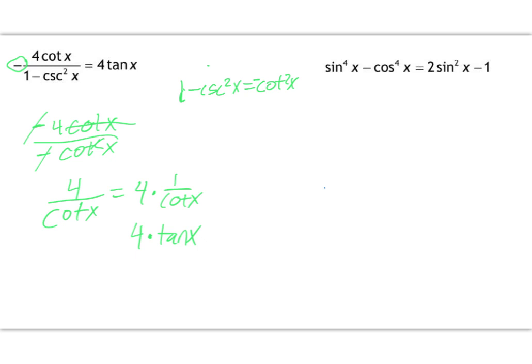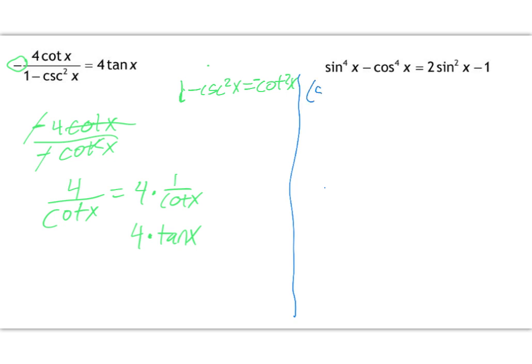For the last one of these, I've got sine to the 4th minus cosine to the 4th is equal to this stuff. This is going to be a weird factoring problem. If you'd prefer not to factor, you can start on the right side. Looking at the left side instead, which is how I'm going to factor this, I notice this is a difference of squares.